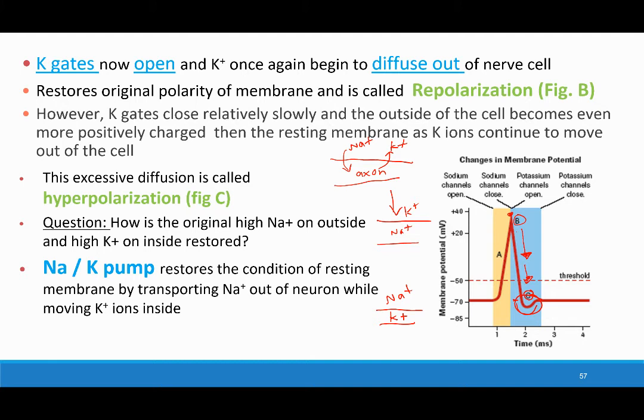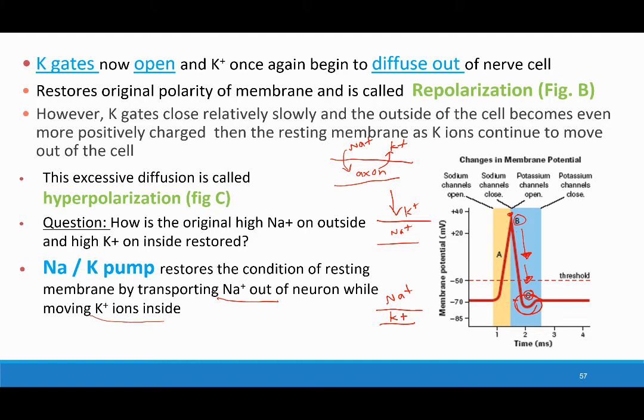So the sodium-potassium pump basically works continually throughout this whole action potential process. It's going to continue to pump sodium out and potassium ions back in.